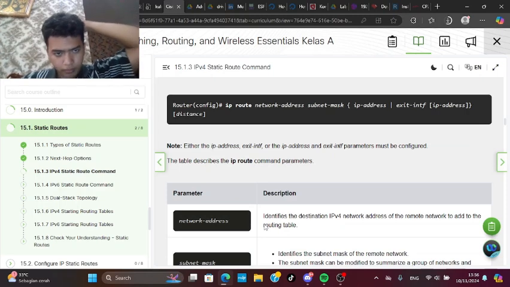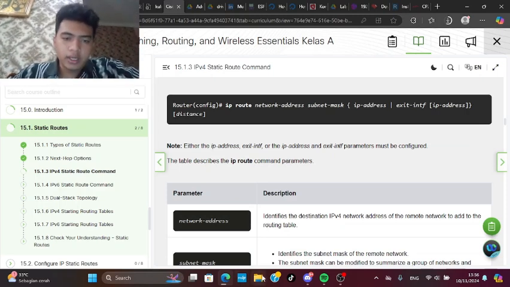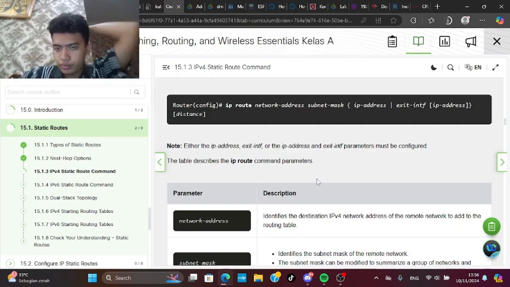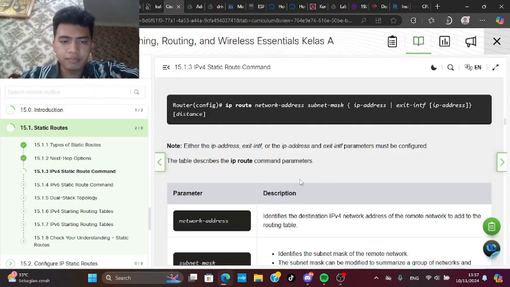Either the IP address or the exit interface, or both the IP address and exit interface parameters, must be configured. So we can choose which of these parameters to configure.